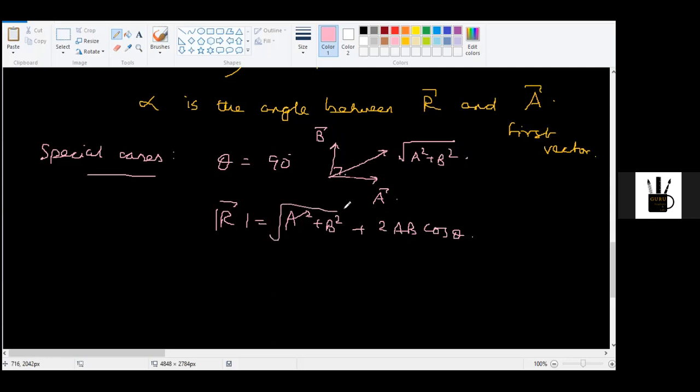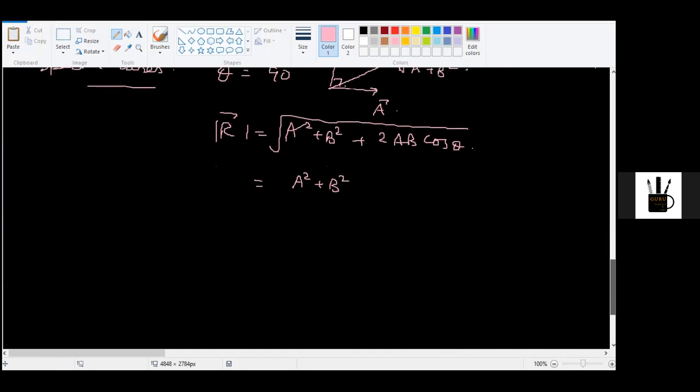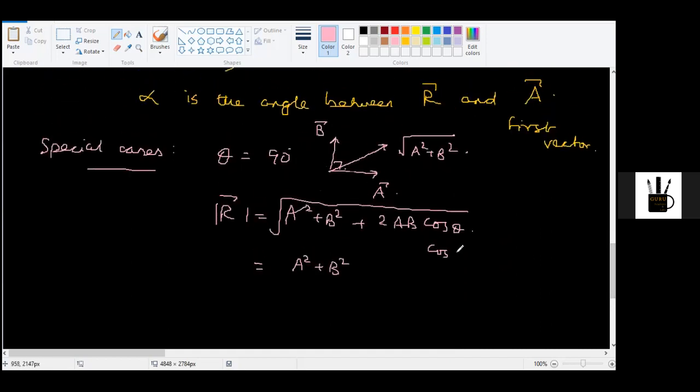Cos 90 becomes 0. So this is nothing but your usual Pythagoras. So this is special case 1.